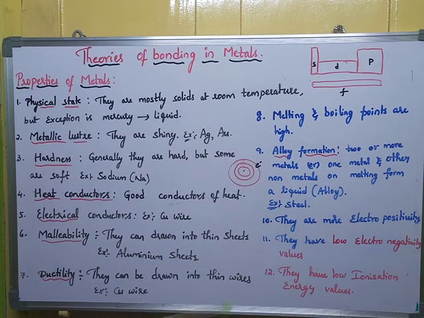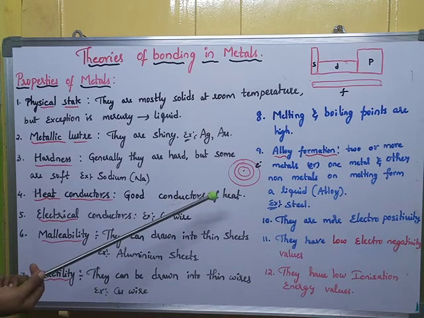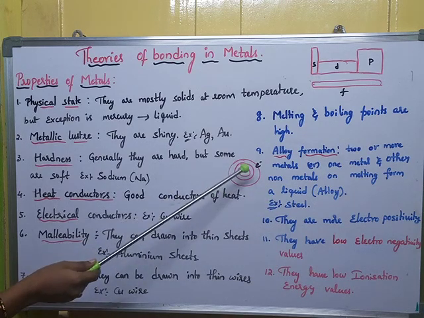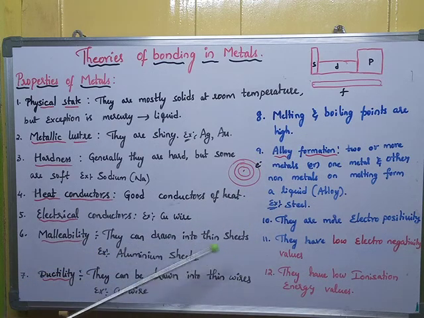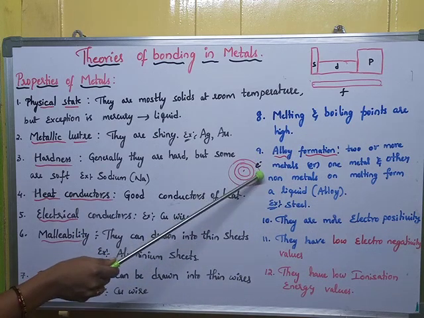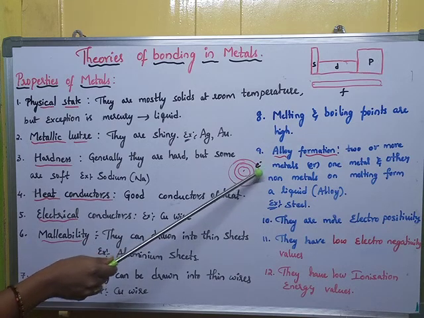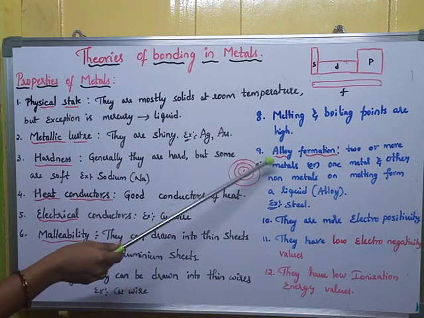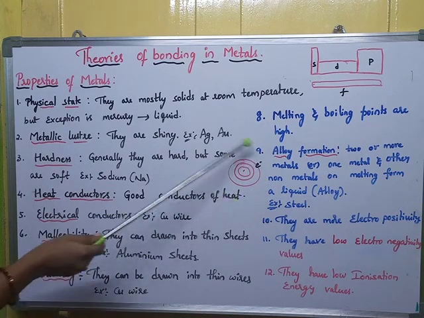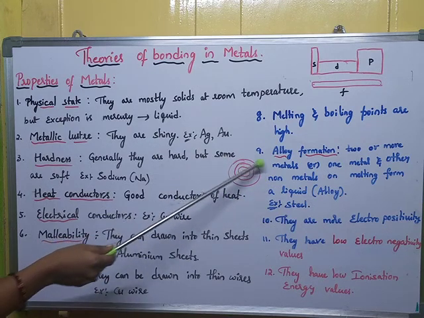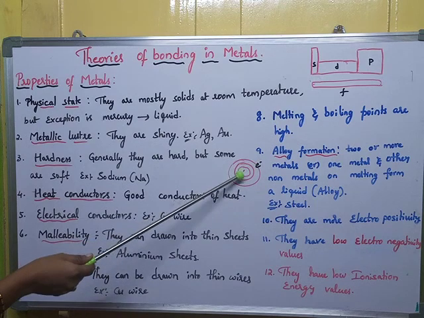And coming to the last one, they have a low ionization energy. What is meant by ionization energy? The energy required to remove an electron from the valence shell is ionization energy. We need to apply some energy to remove an electron, because the nucleus has attraction on the valence electrons. But when the size is more, the valence electrons are far away from the nucleus.